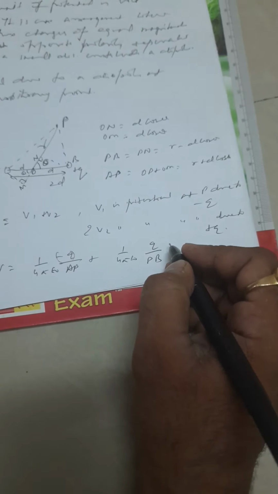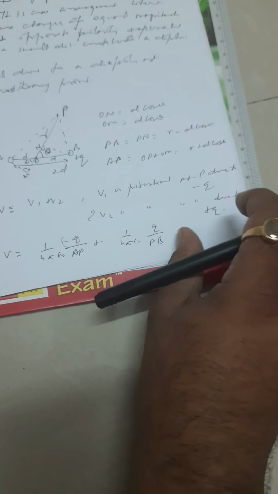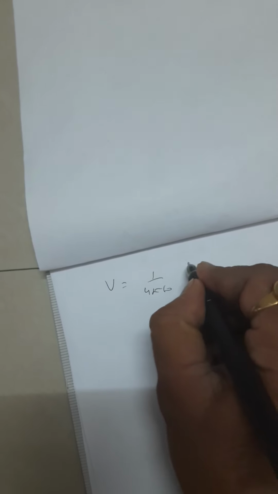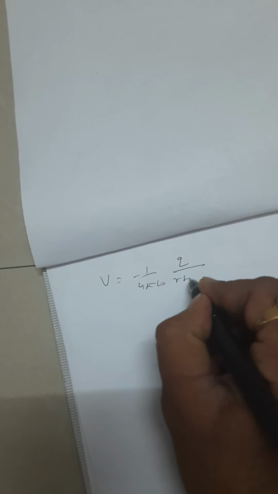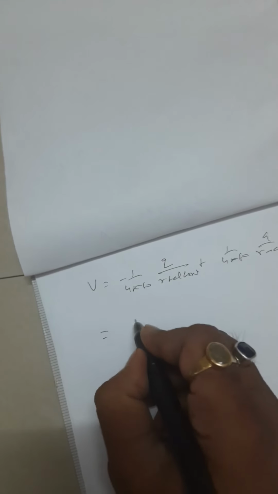So ultimately we will get V equal to 1 by 4 pi epsilon naught, minus Q by R plus D cos theta, plus 1 by 4 pi epsilon naught Q by R minus D cos theta.